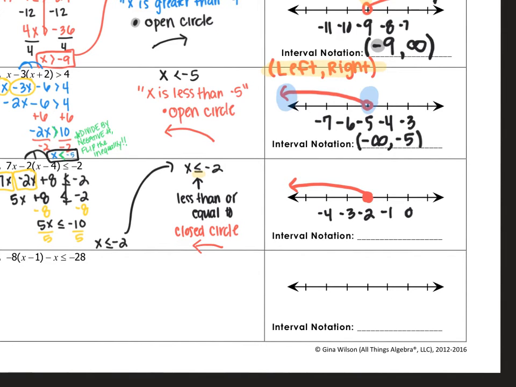I'm sure you've already noticed now, but our arrow is facing in the negative infinity direction. And when that happens, when we write our interval notation, we're always going to start with parenthesis, negative infinity, comma. And then the furthest right stops right at our number -2. So comma -2, and because it's a closed circle, we are going to use a bracket.